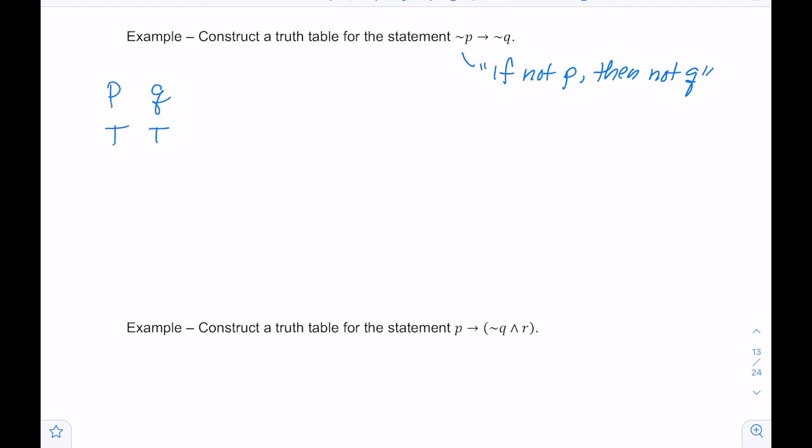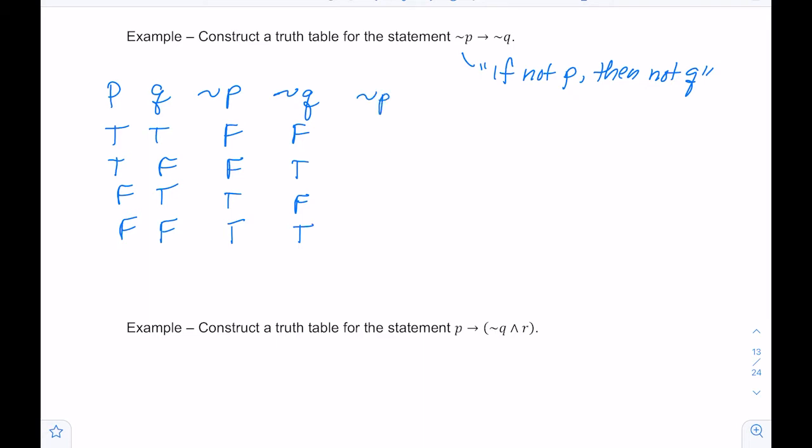So we have true, true, true, false, false, true, false, false. And now I need a column for not P, so I'm going to negate the P column, so they just become opposite. And I need a not Q, so I'm going to negate the Q column, again, just making them opposite. And now I have everything I need.